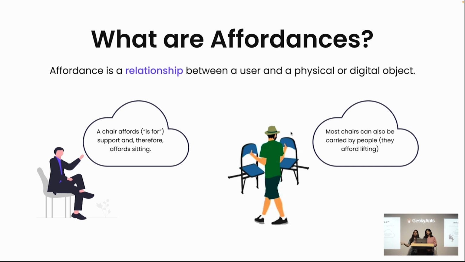You feel that okay, I can lift this chair as well. But a person who is relatively weak, or children, could not lift every chair. For them, the chair only affords sitting and not lifting. So the affordability of the chair varies with who the users are. So this is how it is a relationship.